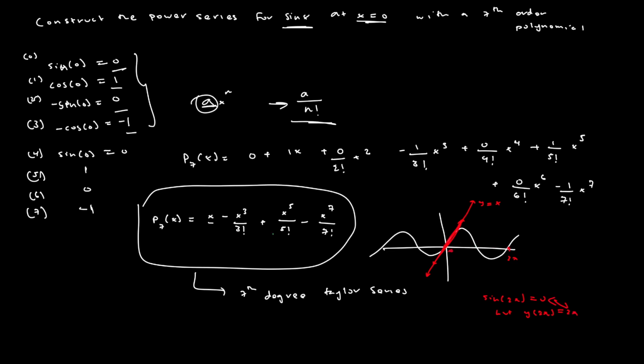But as I increase my degree of estimate, I can't really draw it too well here, but if you were to draw it on a graphing calculator or graphing tool like Desmos, and you were to draw this third degree estimate, you'd see that not only do you have a better representation of sine x, you'd have a wider interval around x is equal to 0 where your polynomial represents sine x better.